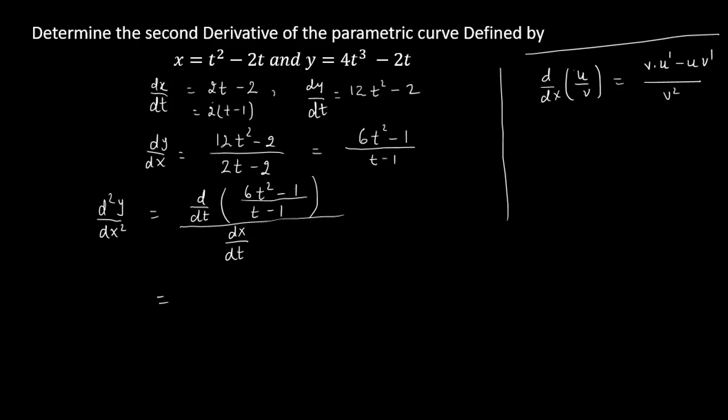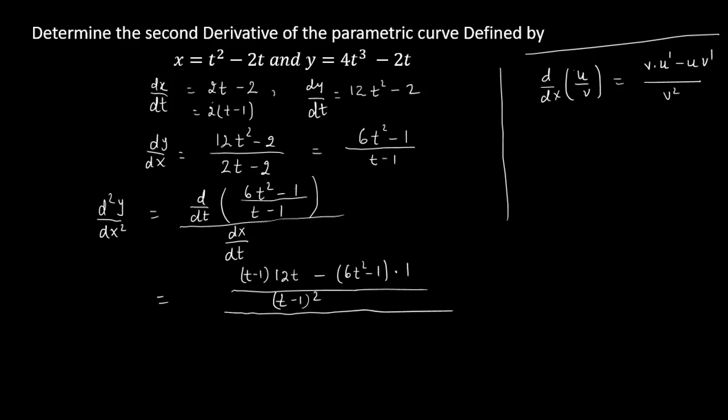So let us use the quotient rule here. It becomes t minus 1 whole square in the denominator. Now t minus 1 into the derivative of the numerator, which is simply 12t, minus our numerator, which is 6 times t square minus 1, into the derivative of the denominator. The derivative of t is 1 and the derivative of 1 is 0, so we leave that term, divided by dx over dt, which is nothing but 2 times t minus 1.